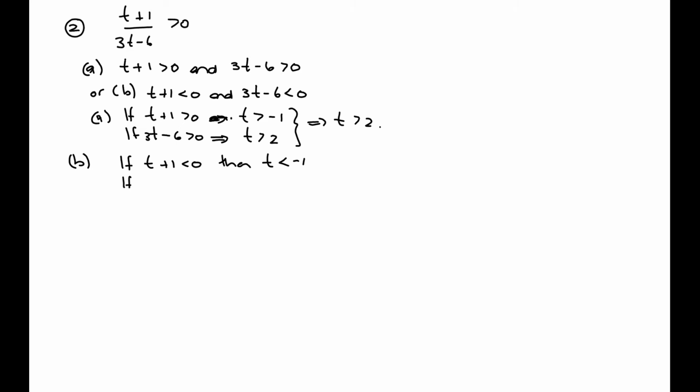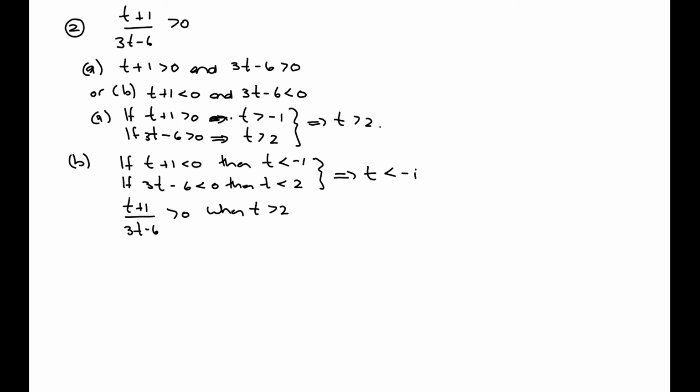And if 3t minus 6 is negative, then t is less than 2. And both of these are only true when t is less than negative 1. So overall, the fraction is positive when t is greater than 2 or when t is less than negative 1.